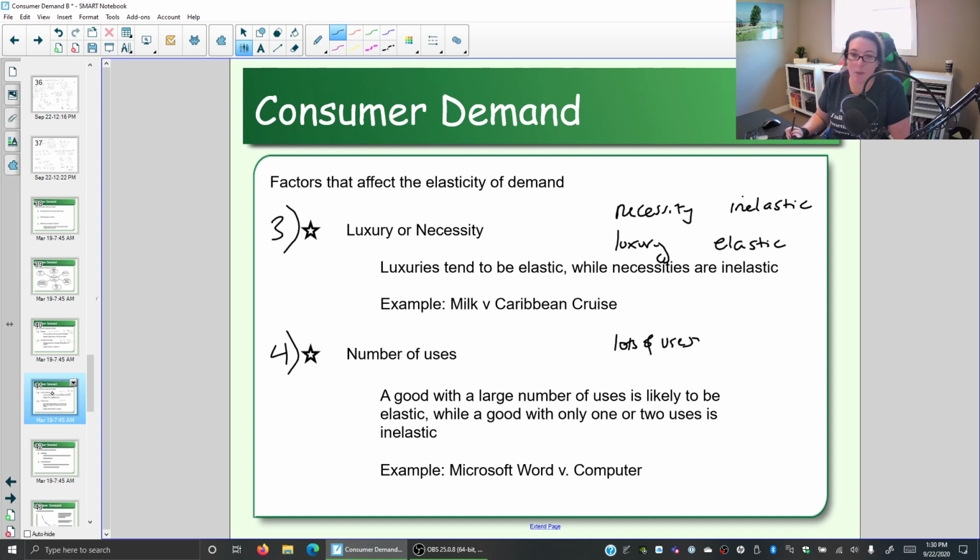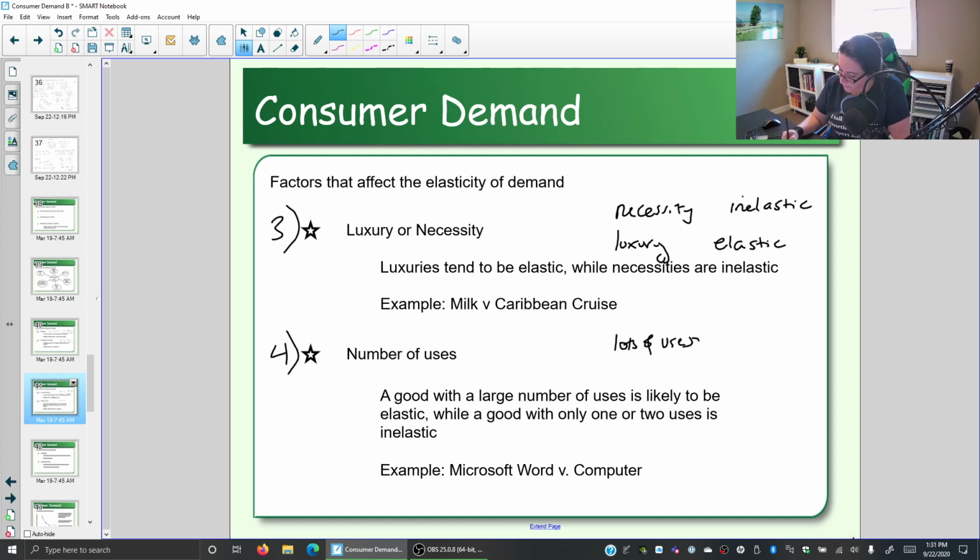So something with lots of uses, if we can find alternatives for each use, then we become a lot more sensitive to the price. When the price of the computer doubles, we think, I can do my work with the old computer and I can find an alternative source for video games and for movies and so on.